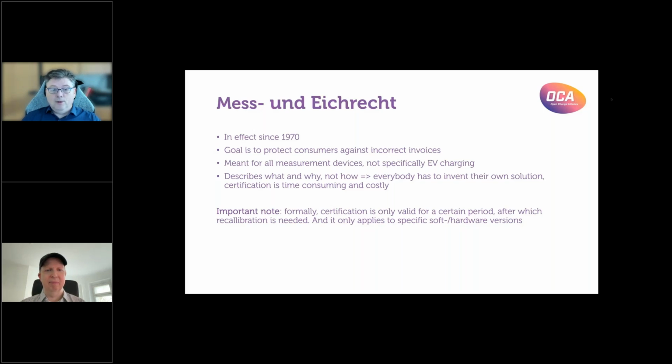The German authorities learned, especially in the beginning, from each certification process. So those who got their certifications early were luckier than some later because they learned. So it hasn't been a consistent experience.